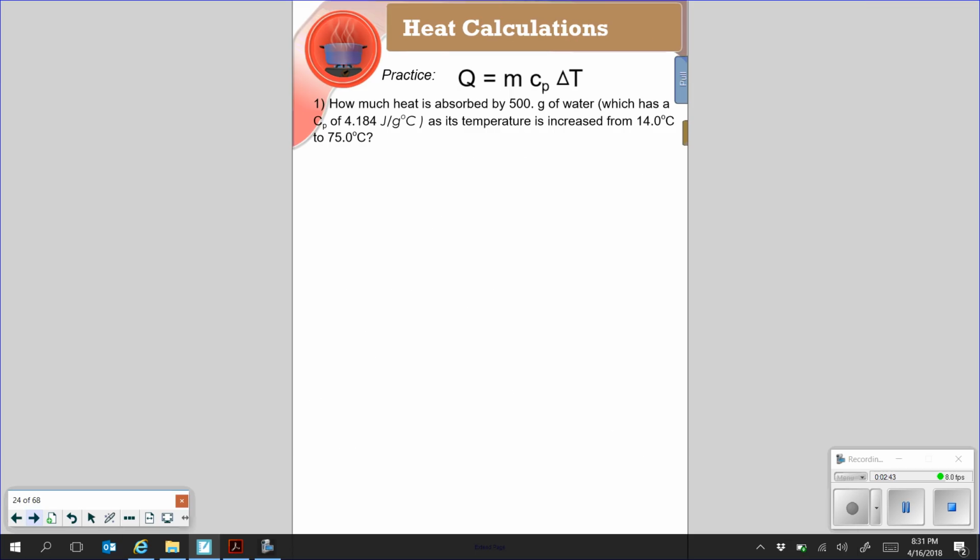So let's practice this problem right here. It says how much heat is absorbed by 500 grams of water, which has a specific heat capacity of 4.184, as its temperature is increased from 14 degrees Celsius to 75 degrees Celsius. So I'm going to start by listing out my givens and what I have. I don't know the Q value. My mass is going to be 500 grams.